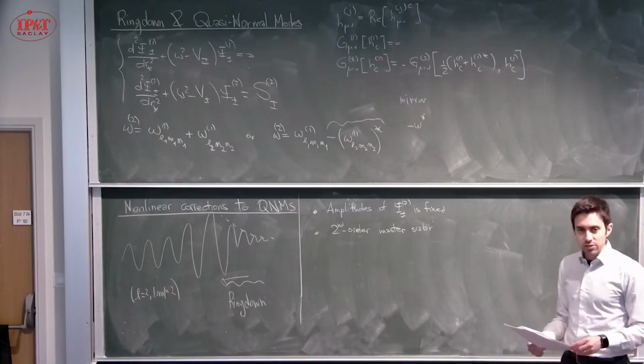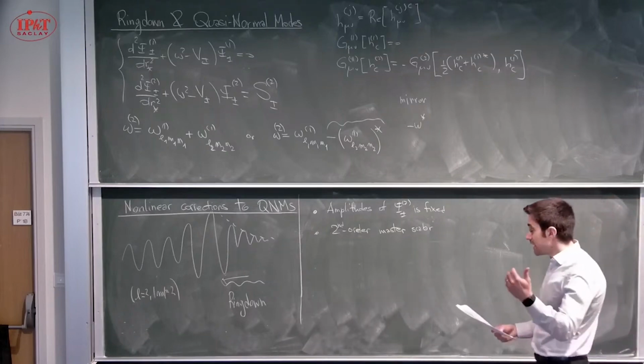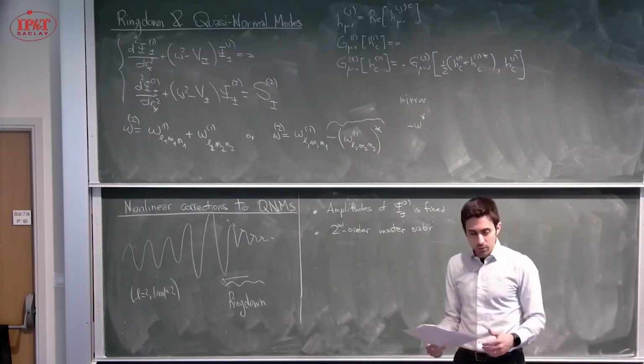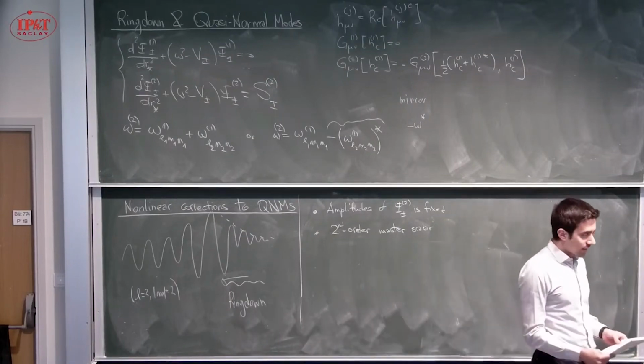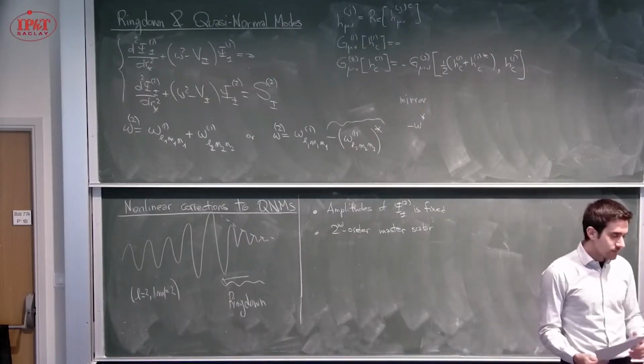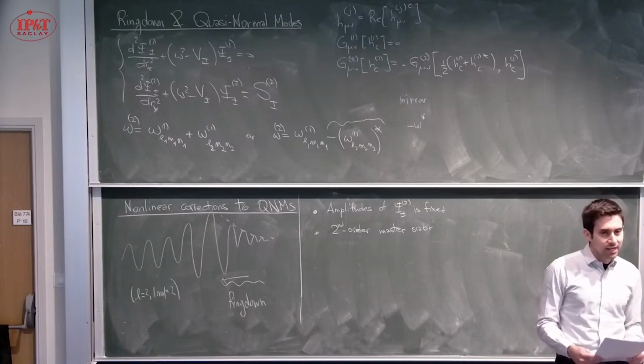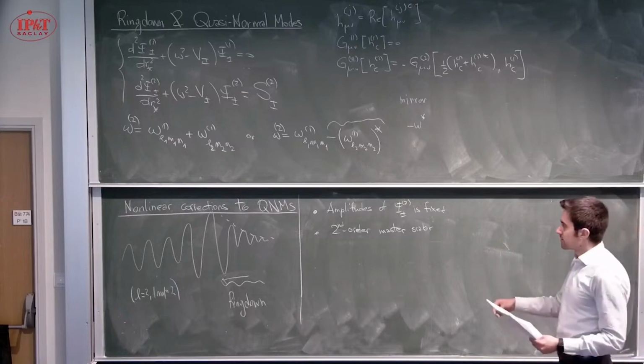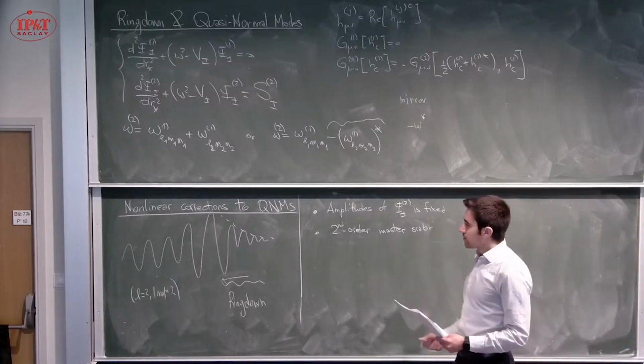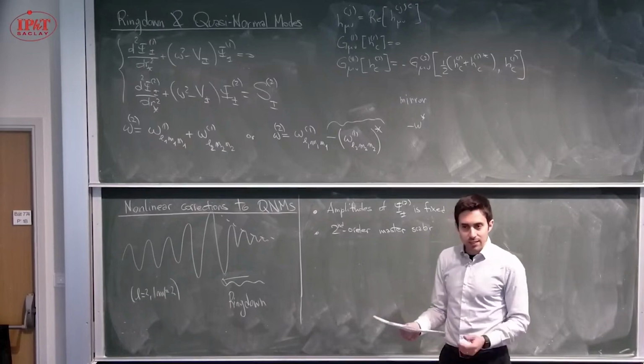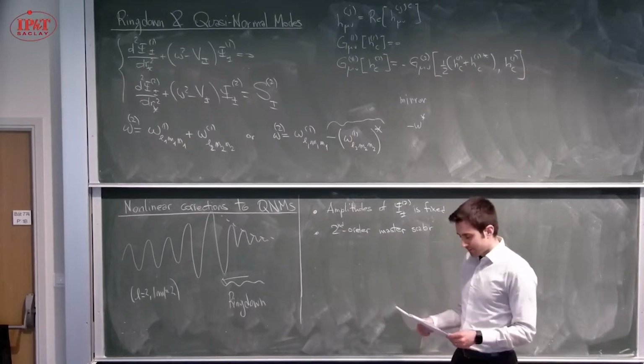So the idea is that eventually, when one will be able to perform a more precise analysis of the ring downs, then you might want to take these nonlinear modes into account.